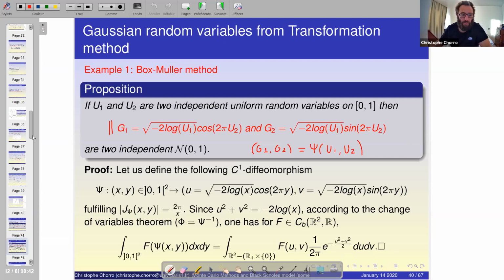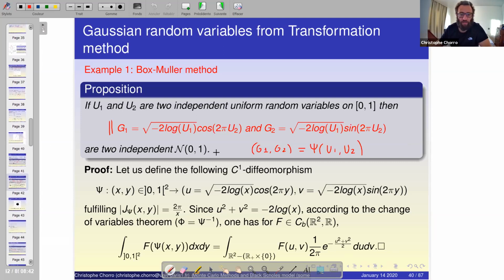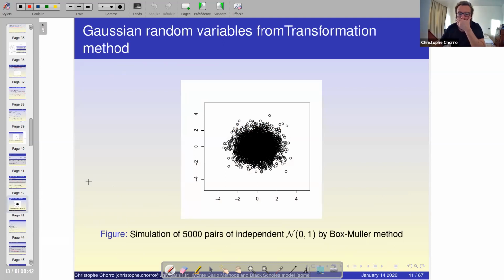So if I use this formula in order to generate my Gaussian random variable from a uniform one, it's exactly what I have done in this picture.